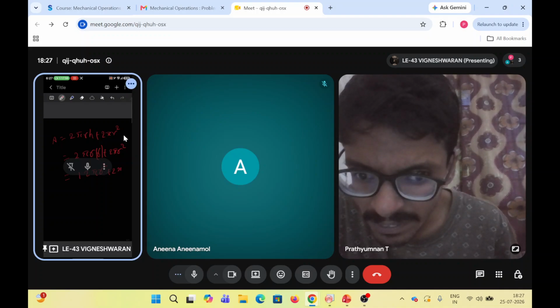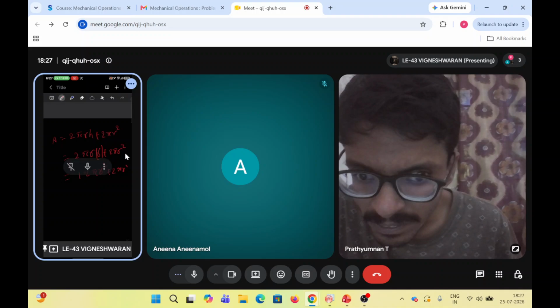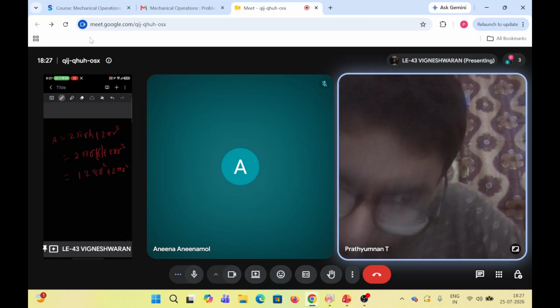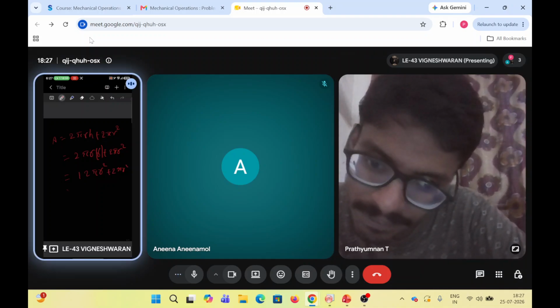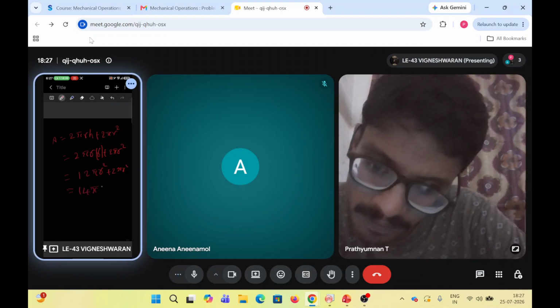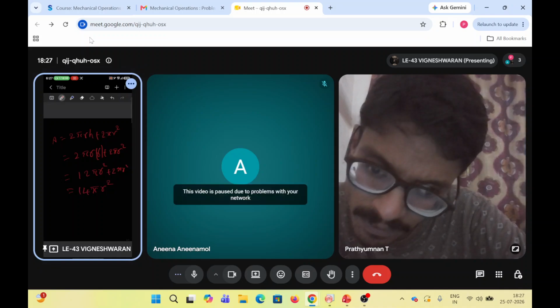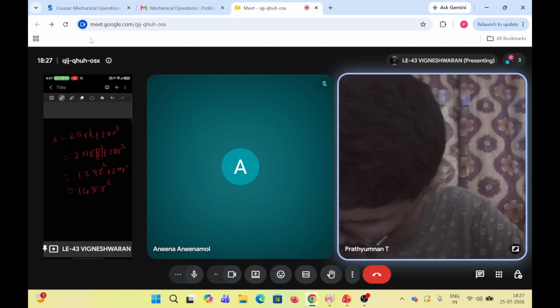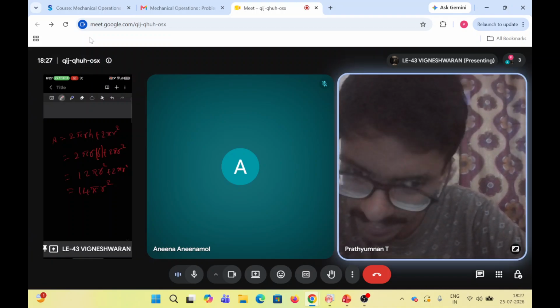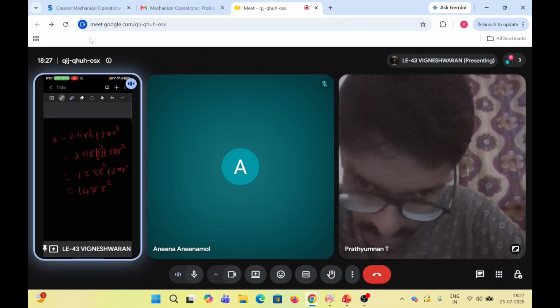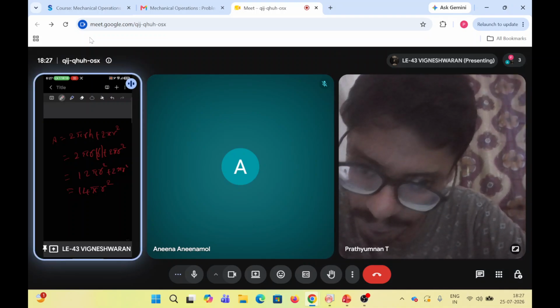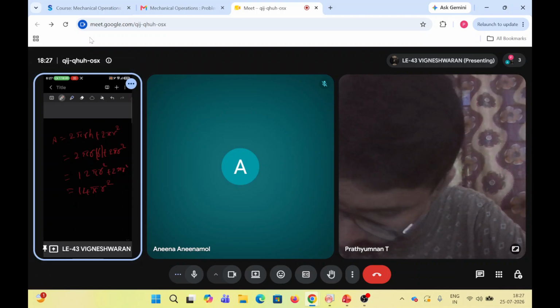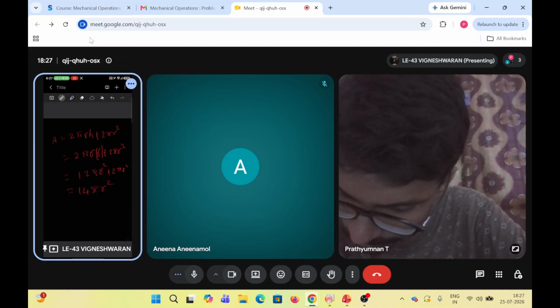Now 2 pi r square. So total 14 pi r square. This is now the surface area of the particle. That is the denominator, yeah. 14 pi r square, the surface of the cylinder.